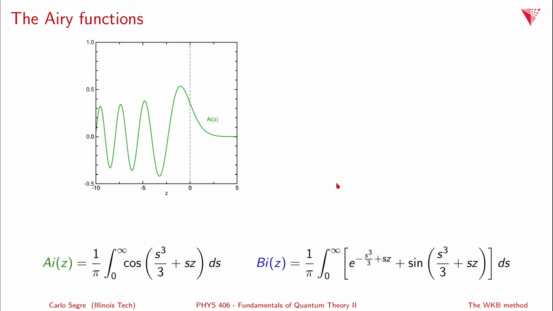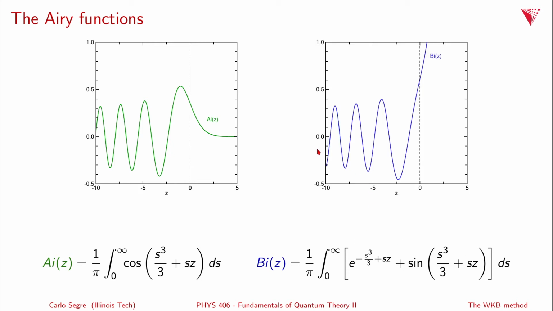Bi of z is similar. It's 1 over pi, integral from 0 to infinity of e to the minus s cubed over 3 plus s times z, plus sine of s cubed over 3 plus s times z, all integrated over ds. And this looks a little bit different.